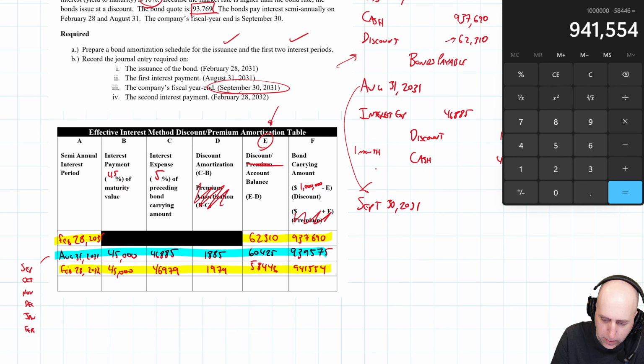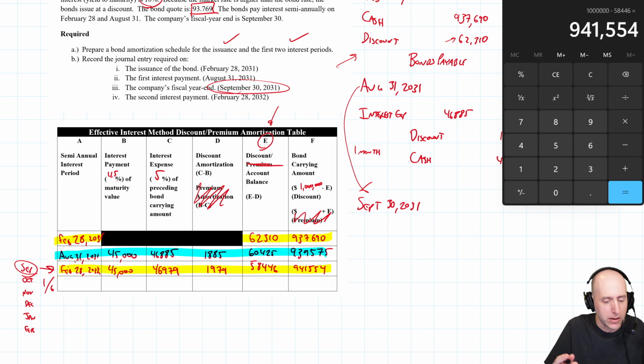And we're interested from August to September. We're interested in just the month of September, which in terms of what's going on this line, I might have drawn the line in the wrong spot. What's going on in this line? It's just 1 month. It's 1/6, right? Every line on this is 6 months. It's a semi-annual chart, and this is 1/6 of what's going on the line.